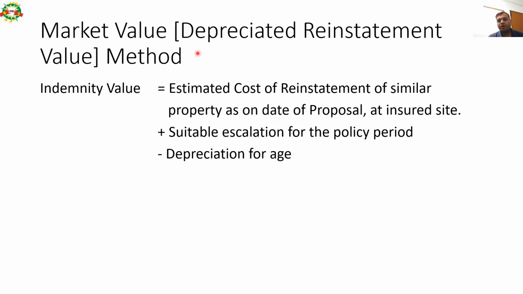The market value or DRV method, or depreciated replacement value method, states that indemnity value will be equal to the estimated cost of reinstatement of similar property as on date of proposal, at the insured site, plus suitable escalation for the policy period, minus depreciation for age.